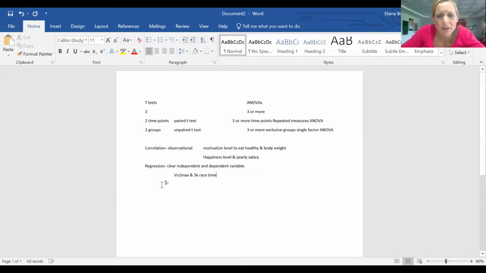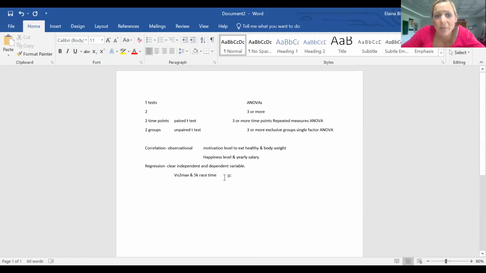VO2 max is our independent variable, and then we're looking to see what the relationship is there with the dependent variable, 5K time. We want to know if we could predict our 5K time based on what their VO2 max was. So we measure this, that's our independent, and then dependent would be the 5K time.